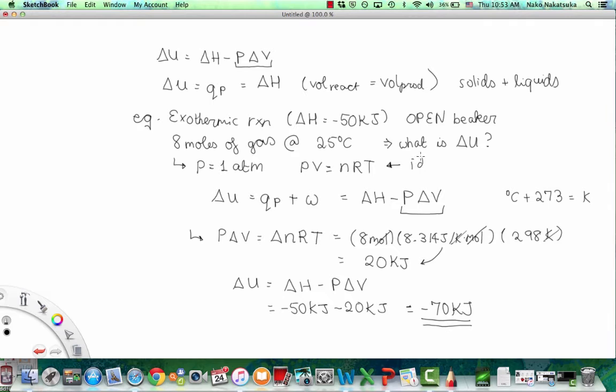This is for ideal gases. And it's a very important equation that we use to convert different units into equations that we can actually solve. So as you can see, this has an internal energy change of negative 70 kilojoules. It's an exothermic reaction with a negative delta H value, and we could figure out how much that change was.